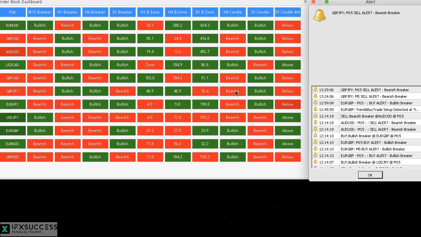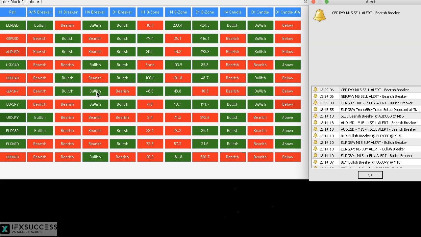Is this good enough? This could be a risky trade, because I would like one of these higher time frames. If we're only going under the 4-hour and 15-minute, then you would completely ignore it. This is how you become selective when you get an alert.